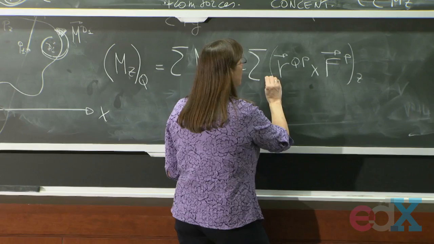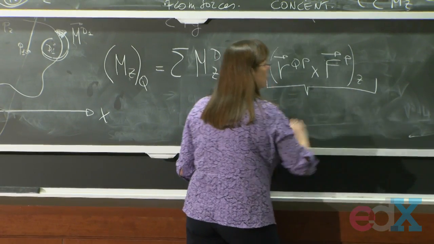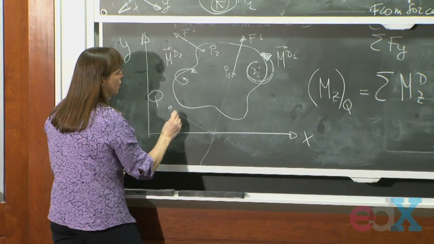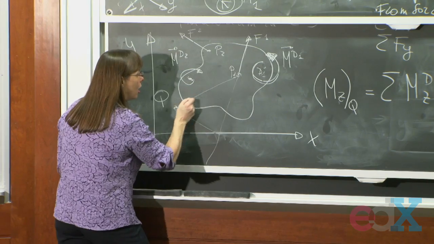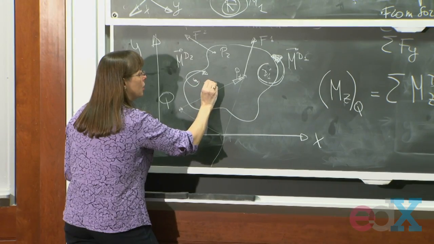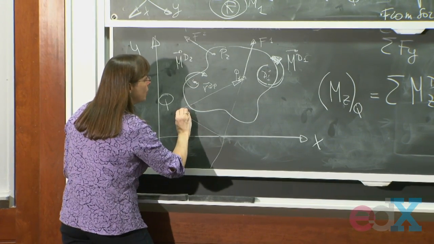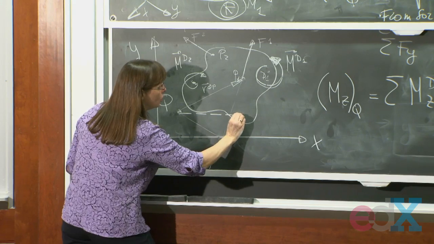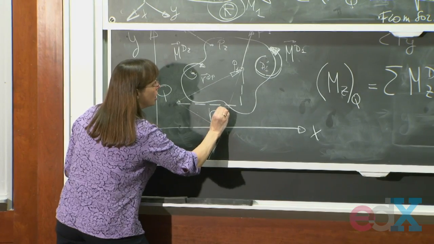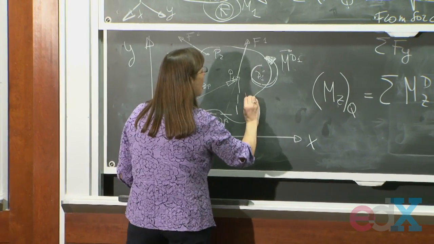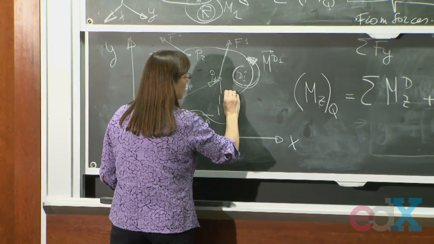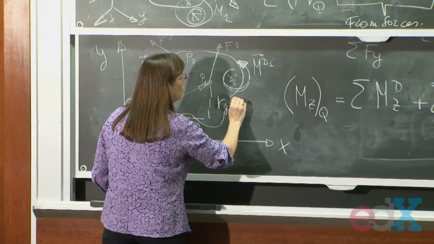Instead of writing it like this, in Cartesian components, you can split, so the R_QP is the vector from Q to P. This vector here is R_QP. You can split it in two parts: the horizontal component, which is this guy, and the vertical component. So this is Rx of QP, and this is Ry of QP.